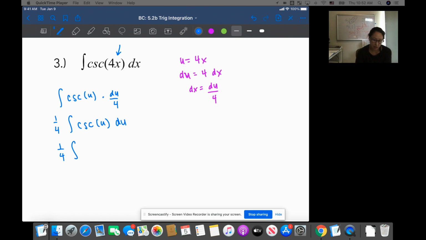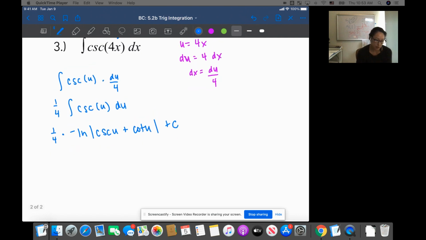The integral of cosecant is negative ln of, so I have 1/4 times negative ln times the absolute value of cosecant u plus cotangent u plus c. So the only thing I need to do now is replace in my u with 4x.